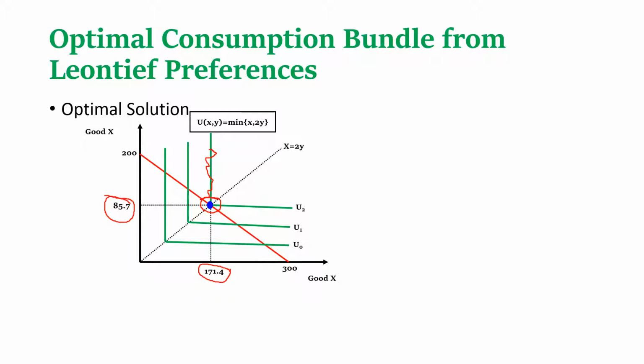So you have to represent that condition on this 45-degree line. It is that condition that you are going to substitute into the budget constraint to obtain the optimal consumption bundle.